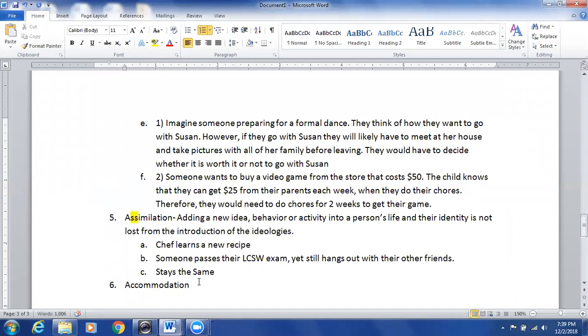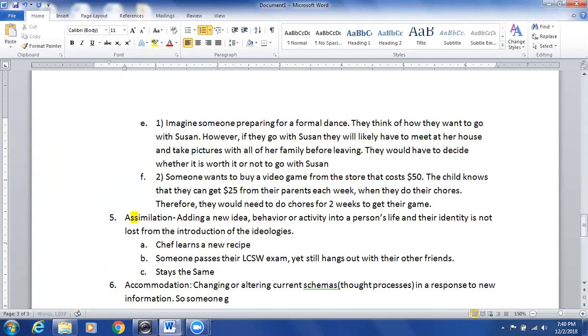And then accommodation, which is the other concept, is changing or altering current schemas, or fancy for thought processes, in response to new information.